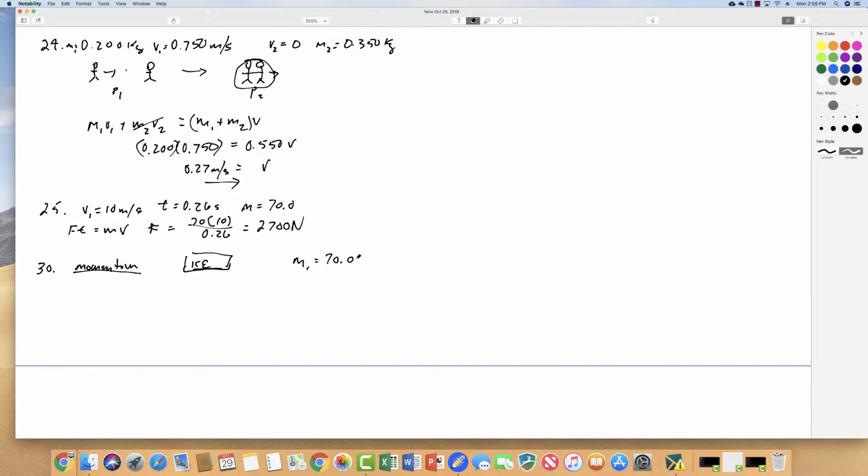He's 70 kilograms, and he is essentially at rest, so V1 is equal to 0. And he catches a puck, we'll call that M2, that's 0.15 kilograms, that's slapped at him at a velocity of 35.0 meters per second, so V2 is 35.0 meters per second.